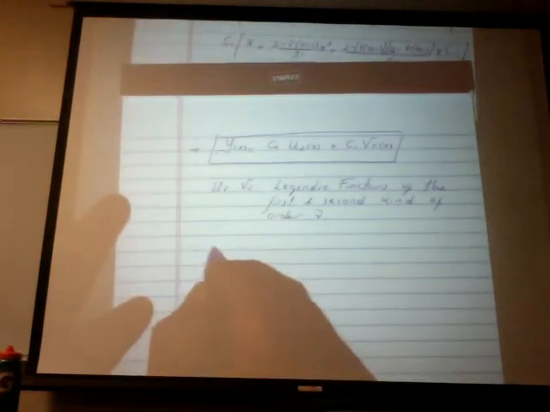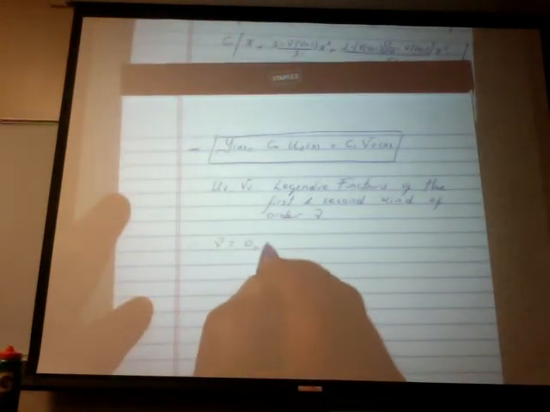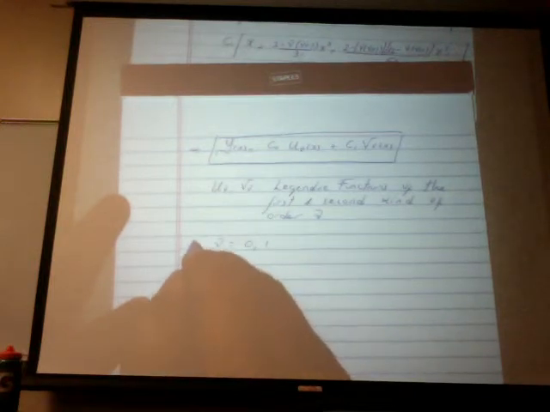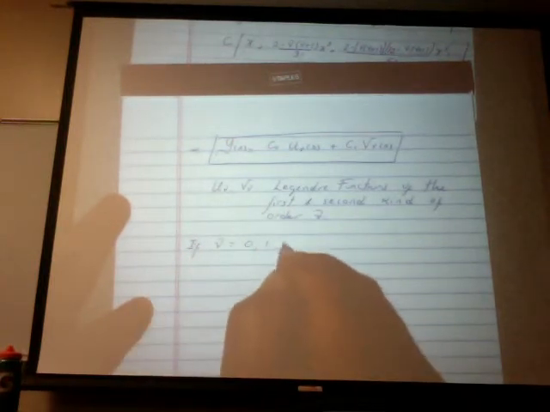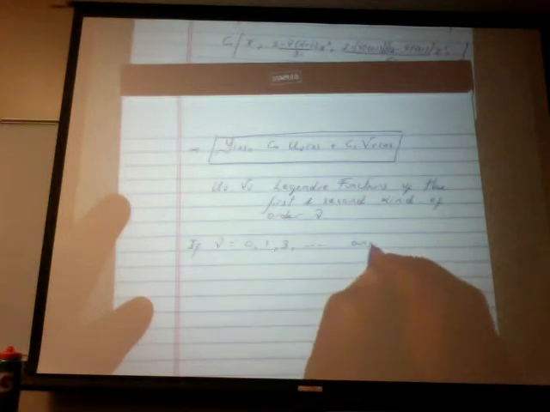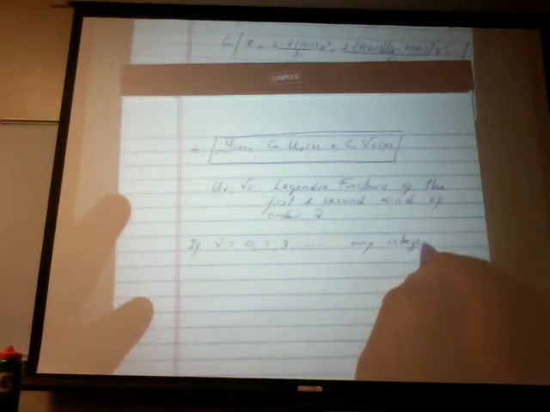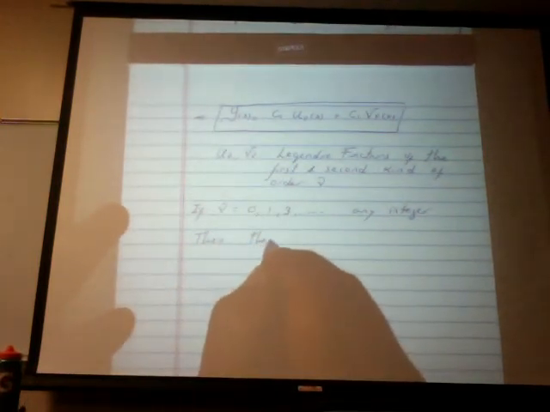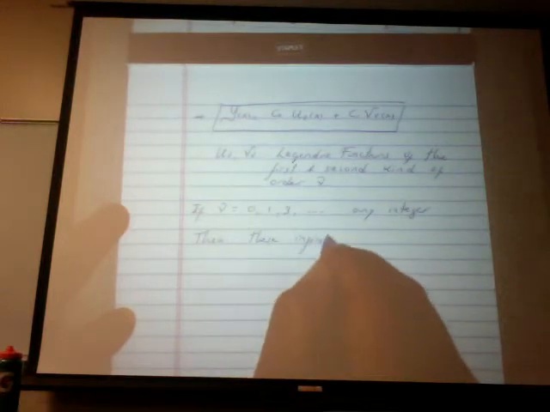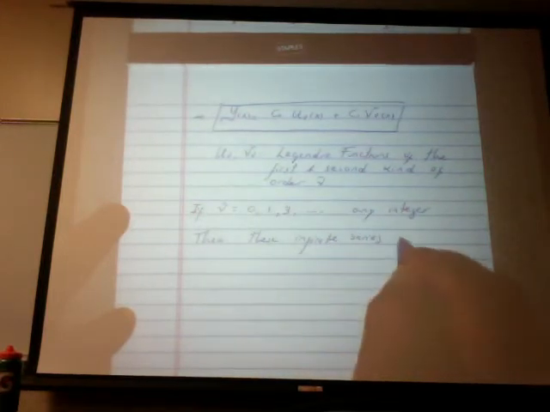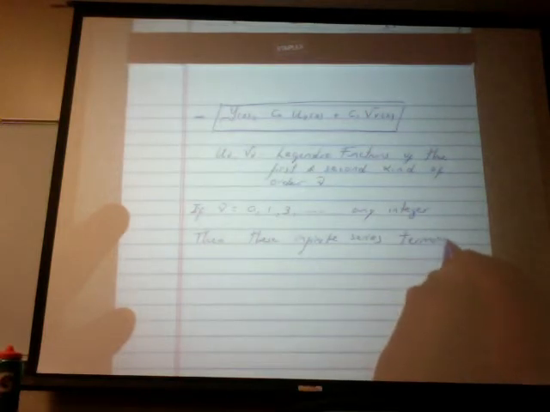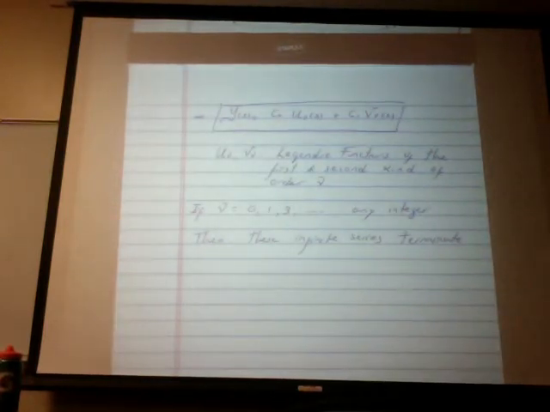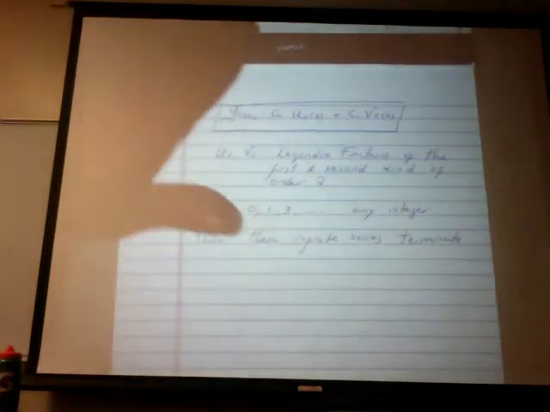Such that, if nu happens to be an integer, then these infinite series terminate. They actually truncate, not approximately, exactly truncate. That means the termination of series.